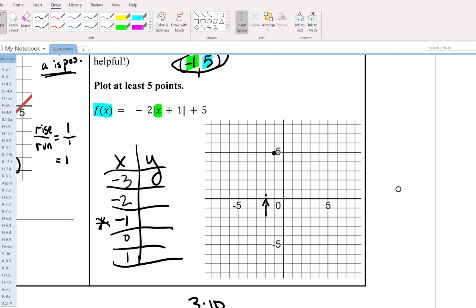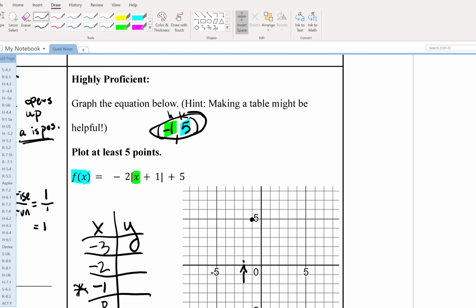What happens? Negative 2 times, I'm just going to start at the top here, negative 3 plus 1 plus 5. And that's negative 2 times negative 3 plus 1.